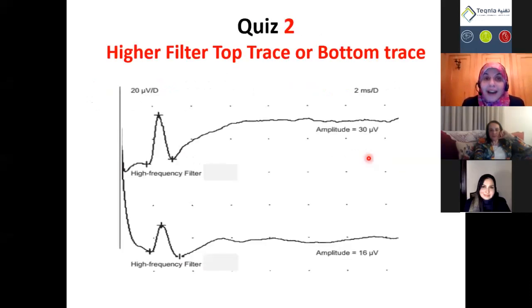I hope, if I explained it simply, that everyone can understand which has the higher filter. Is it the top trace with the higher filter or the bottom trace? Well, it is the top trace because it has a higher amplitude, and we agreed that the higher amplitude has higher filters.